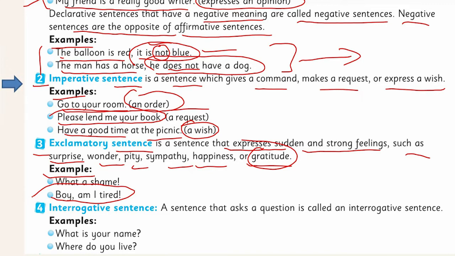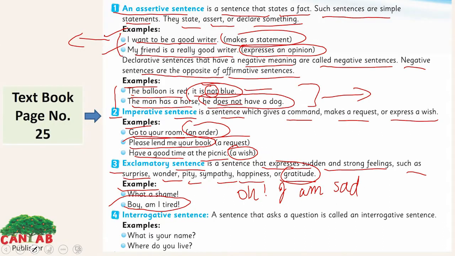This is the feeling of tiredness here. Oh, I am sad. Wow, I got so happy. These are the examples of exclamatory sentences which express strong feelings.